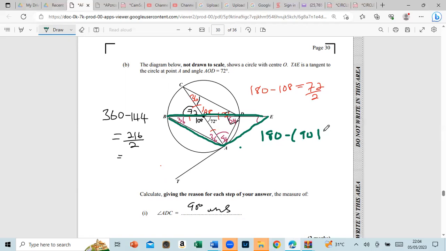We could have actually subtracted this from 36 to give us the answer, but I did it the long way, and the long way is not going to hurt anybody. So 90 plus 36 gives us 126. 180 minus 126 is 54.